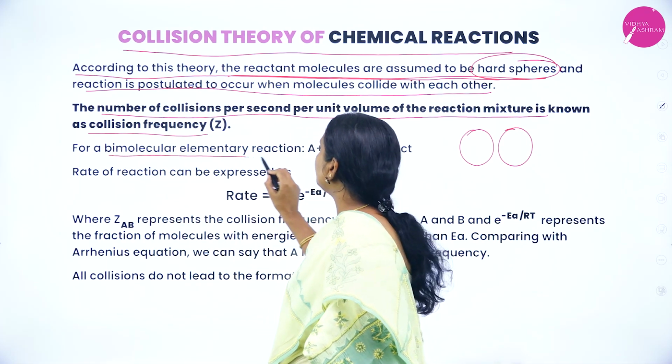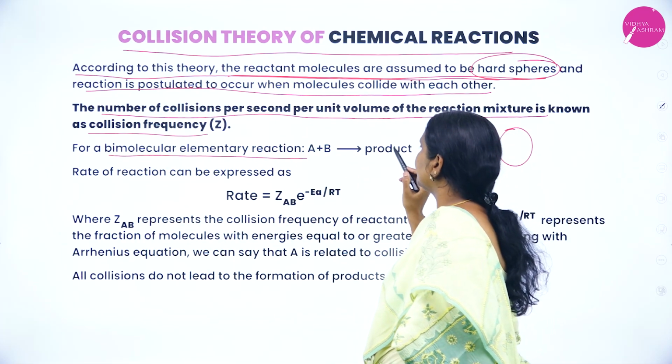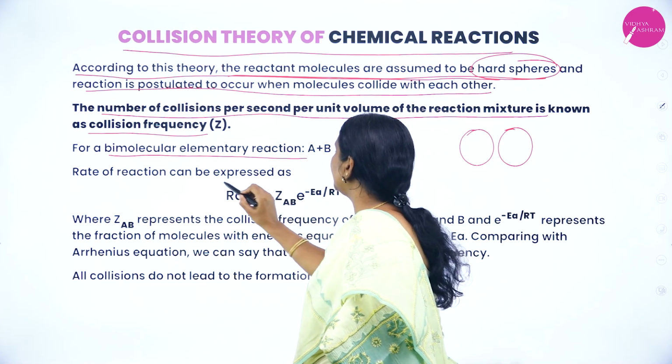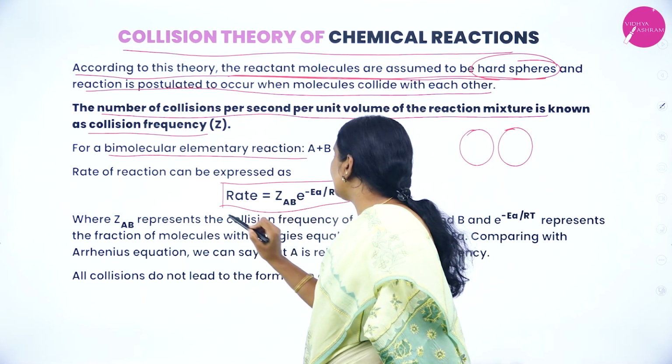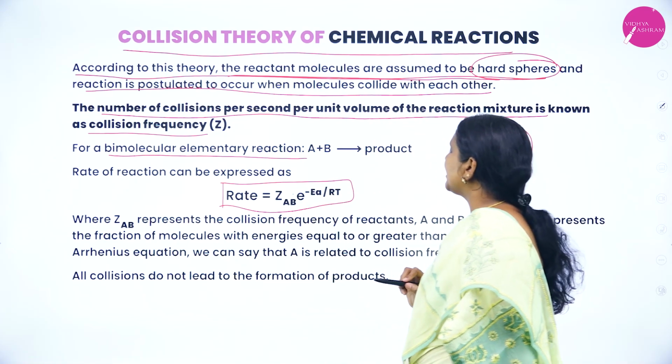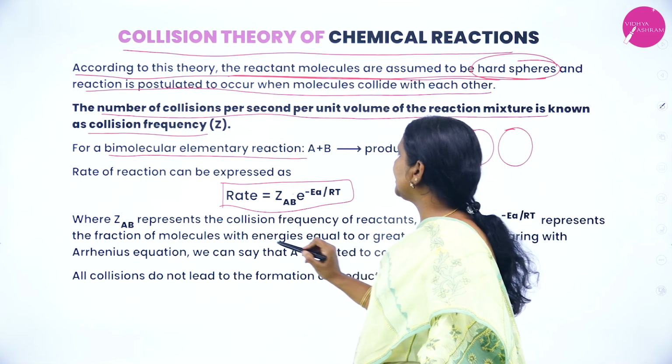When you consider a bimolecular elementary reaction A plus B giving rise to product, its rate is given by rate equals ZAB into e to the power of minus EA by RT. What is ZAB?